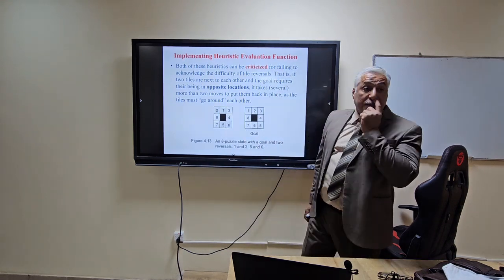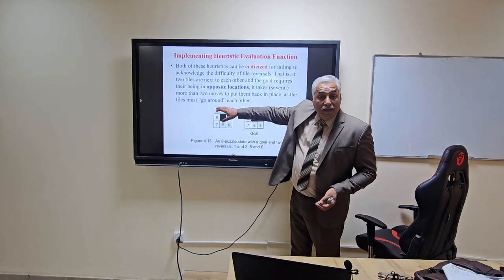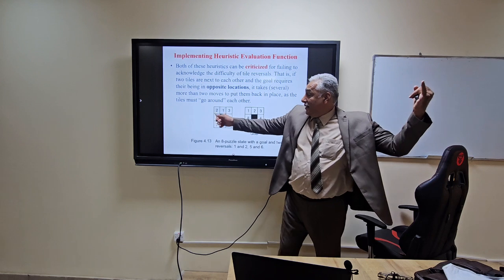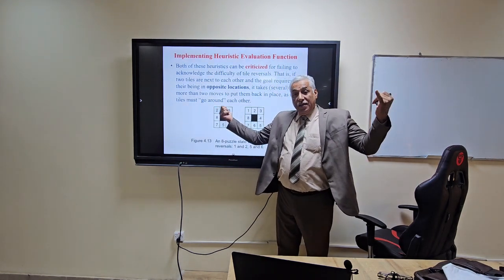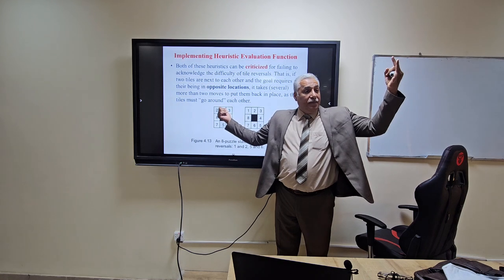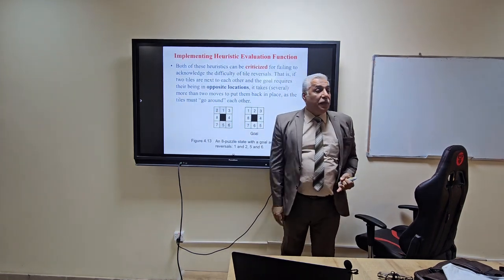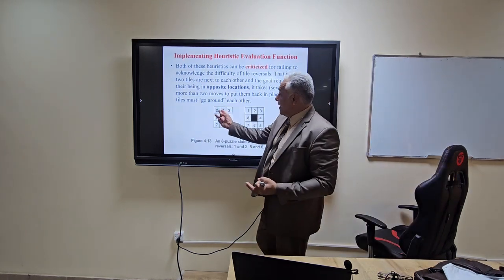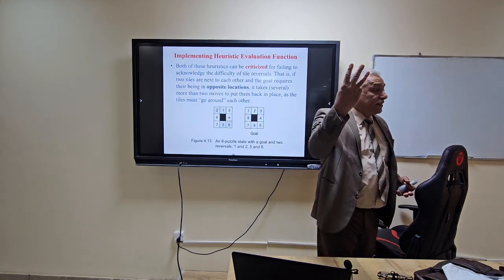But how can this exchange happen? By moving one of them to a particular place, this is one movement, and I put the first one in this place, these are 2 movements, and then I return the other to this place. Now, for exchanging them, I need at least 3 movements.